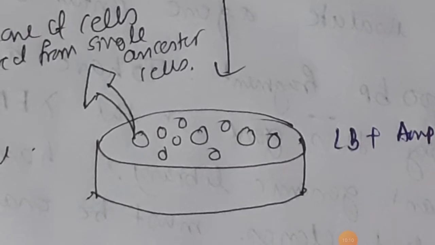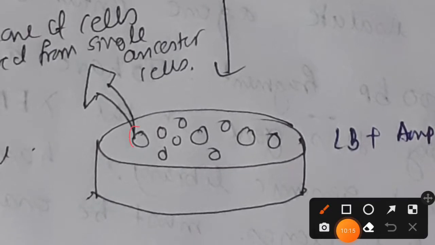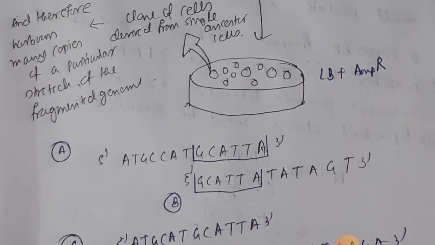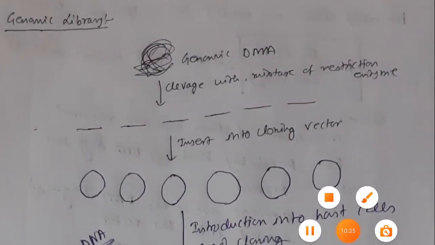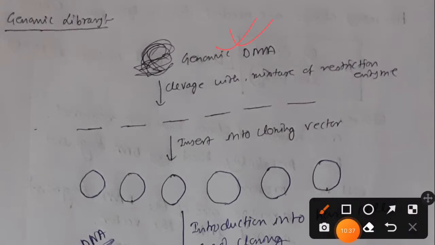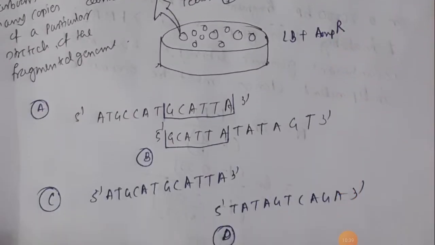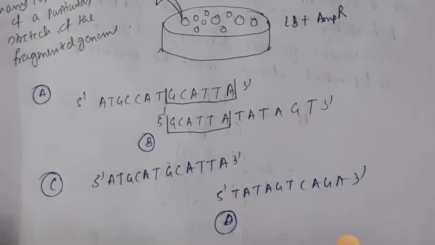Can you sequence them just by looking at the colonies? No, that is not possible. So under such circumstances, you have to lyse the cells of each of the colonies so that you can get nucleotides. Then you have to assemble them to get the complete DNA sequence, right? That is this one. So now let's consider two situations.